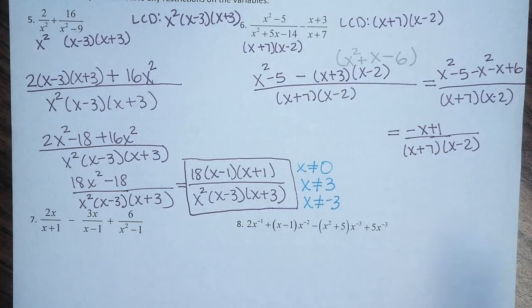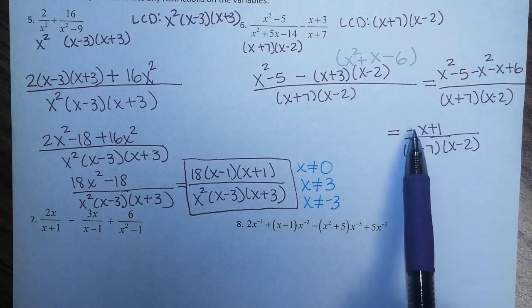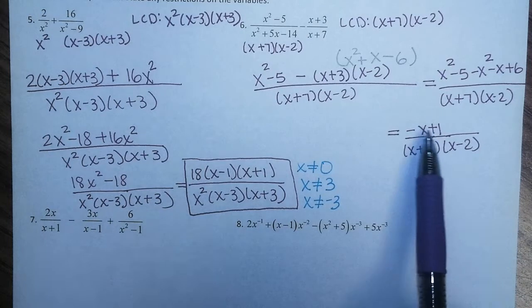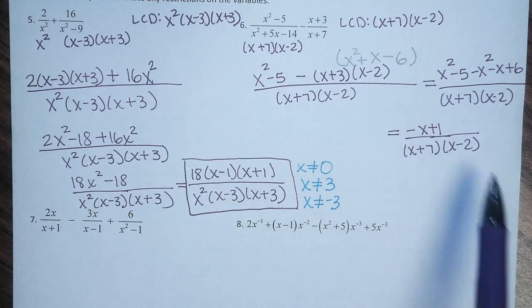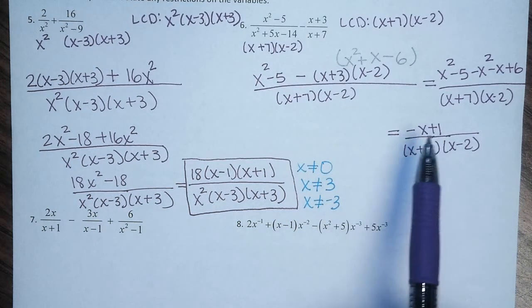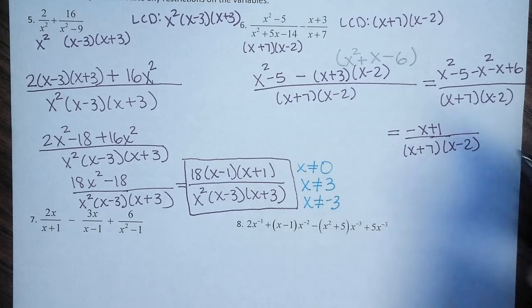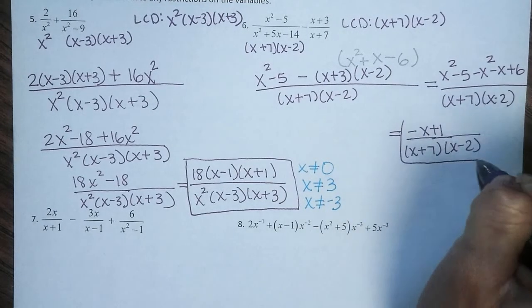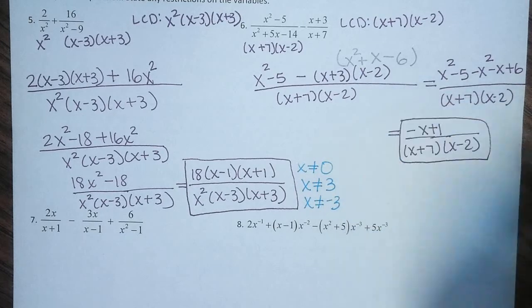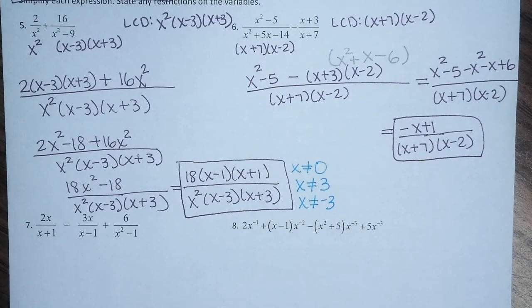And it doesn't look like anything is going to cancel out. Even if you try to rewrite your numerator with a positive x, nothing will cancel out. So that means that your final answer will be what I just wrote. That would be your final answer.